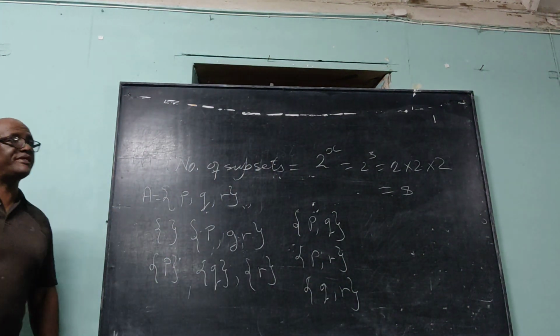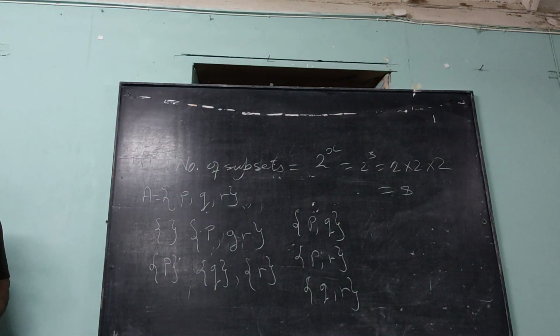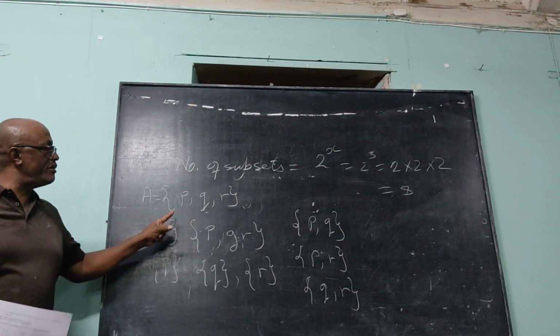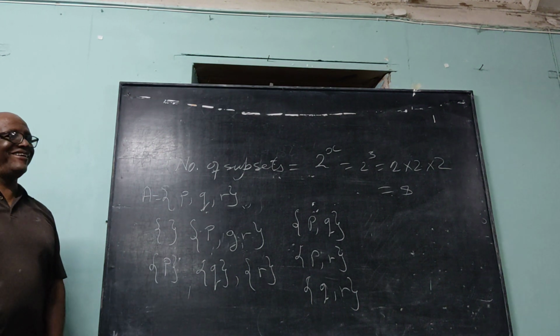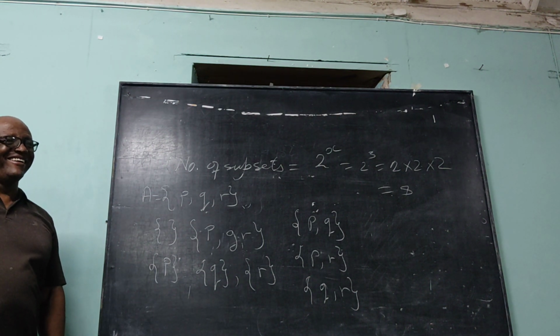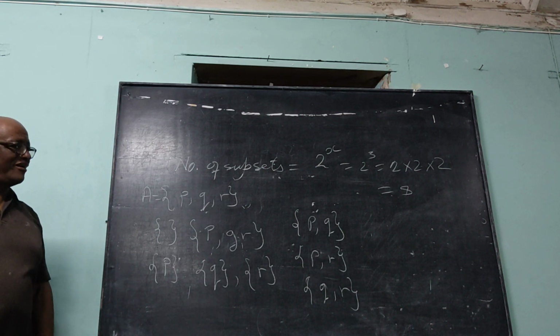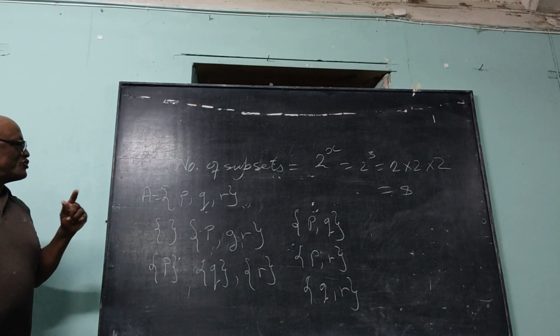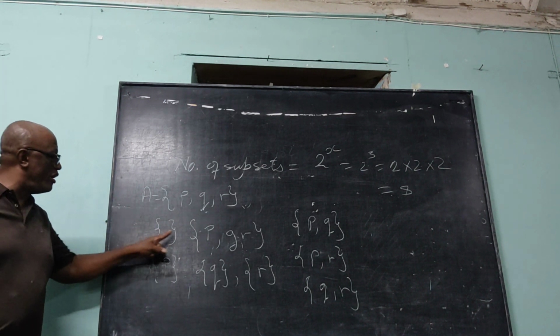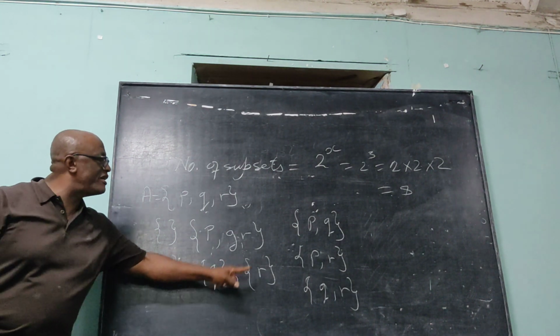Do we have 8 subsets up there? Yes. QP. QP is the same as PQ. Is that the same people? So you will tell me RP and you tell me RQ. So we have 8 subsets. 1, 2, 3, 4, 5, 6, 7, 8.